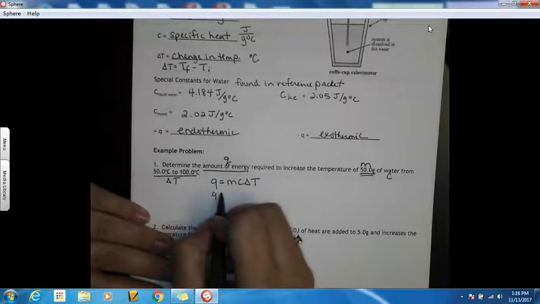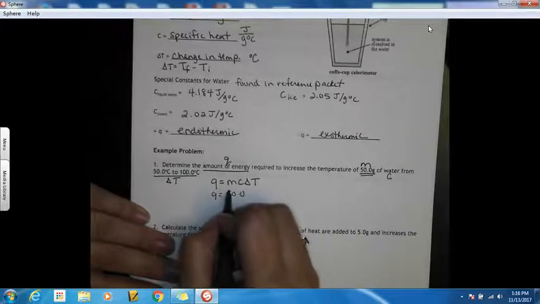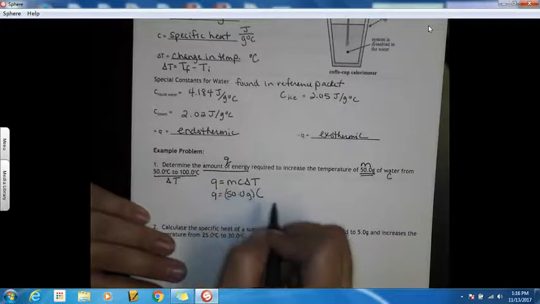So Q is equal to 50 grams times our specific heat.